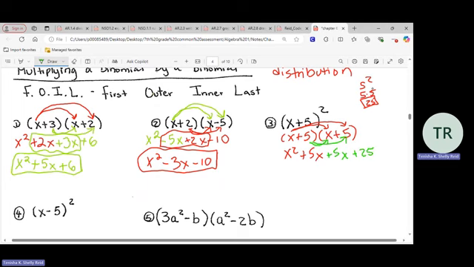And so we will get x squared plus 10x plus 25. You want to be conscious of that middle term, because if you just tried to square it, you would think your answer was x squared plus 25. No, that shortcut will not work. That's my answer.